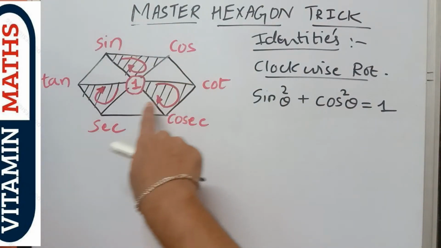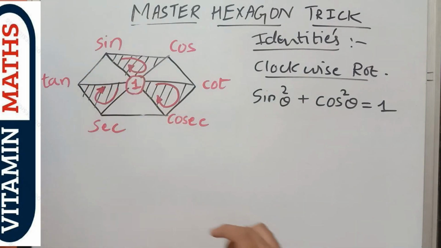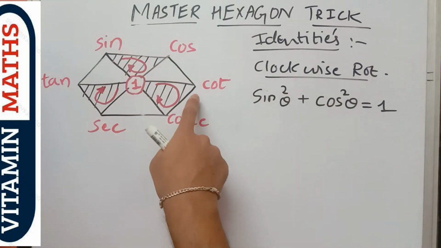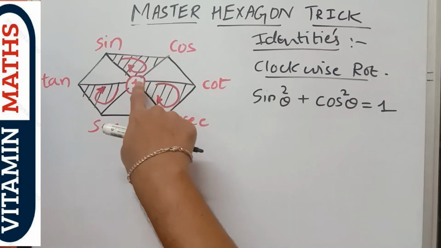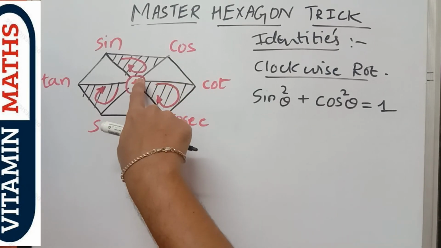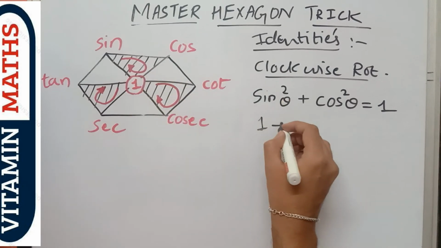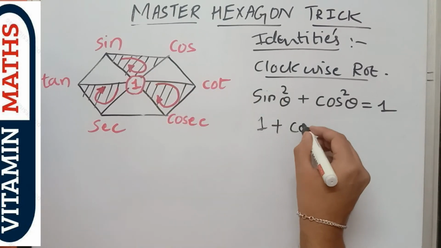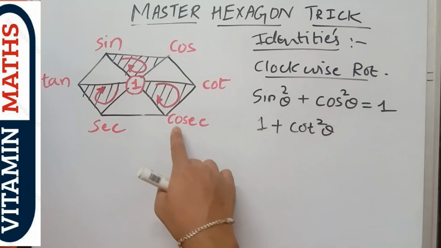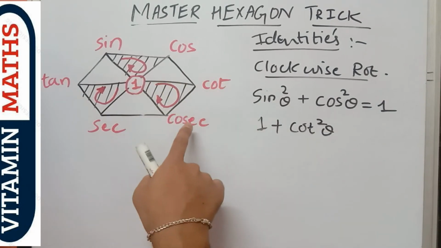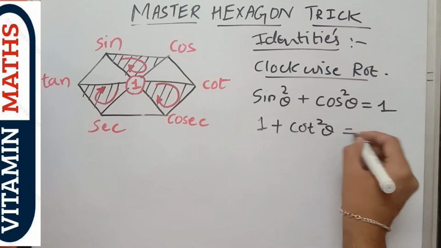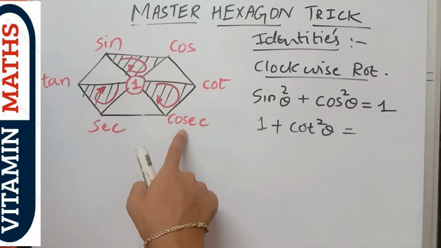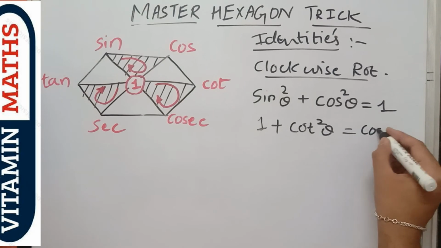That is clockwise rotation. So similarly come here, cosec, cot square theta. Take clockwise rotation, 1 plus cot square theta. After two values you have to put equal sign. 1 plus cot square theta is equal to cosec square theta.